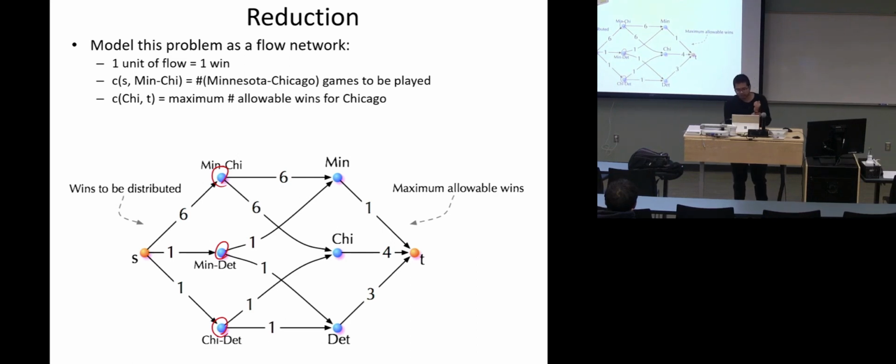And now, can you tell me, so this graph is clear, right? How do we construct it? Can you now tell me what is the condition that we should check to determine whether Cleveland can win or not from this graph?